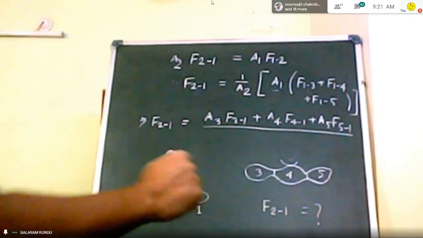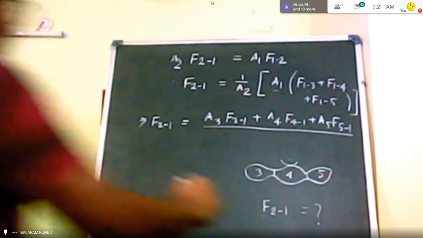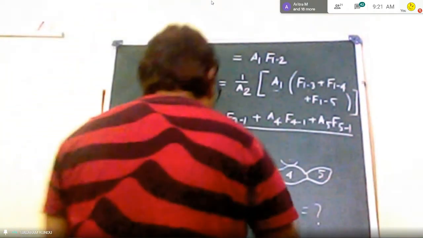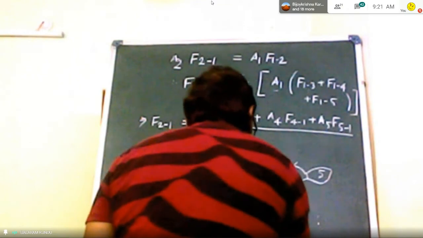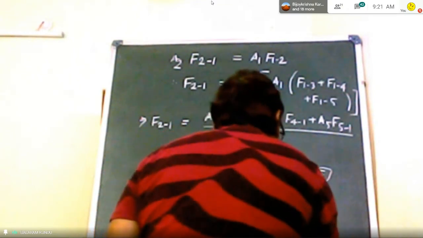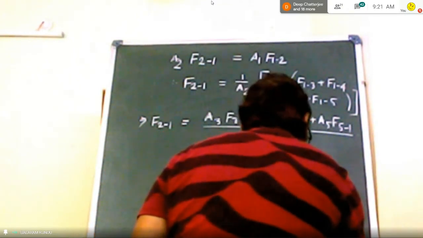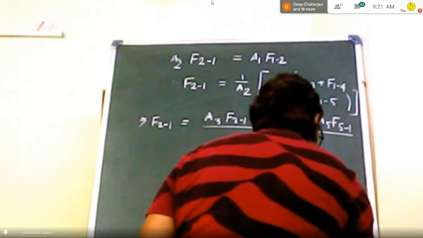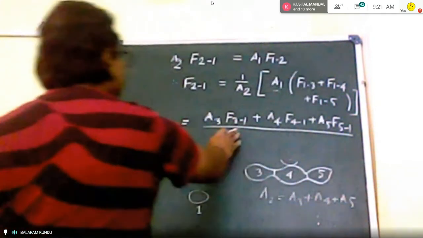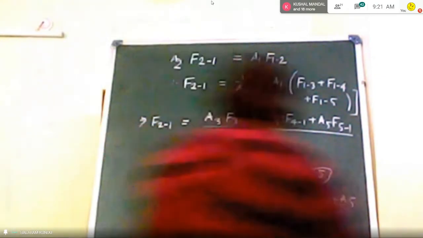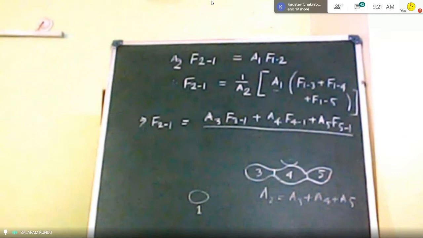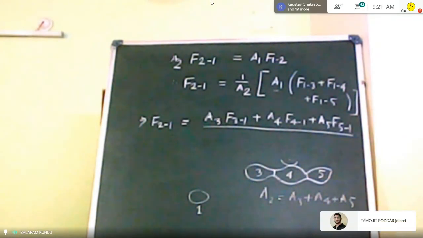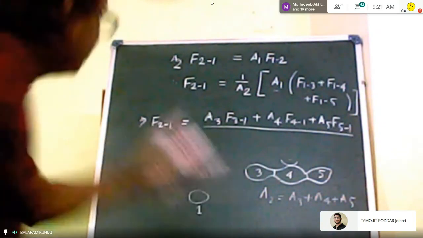For better understanding, you write here a2 should be equal to a3 plus a4 plus a5. Then you just use this expression to write the shape factor f of 2 to 1, using this a2.